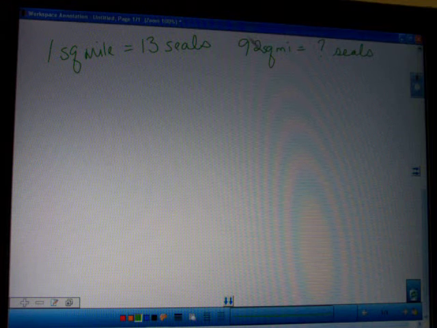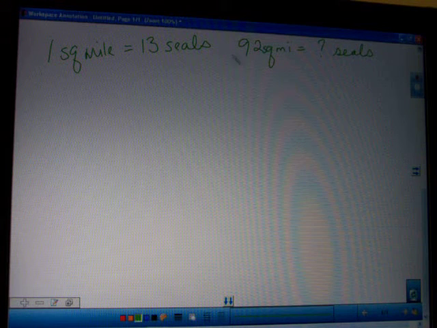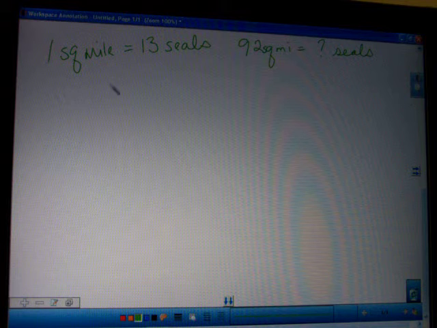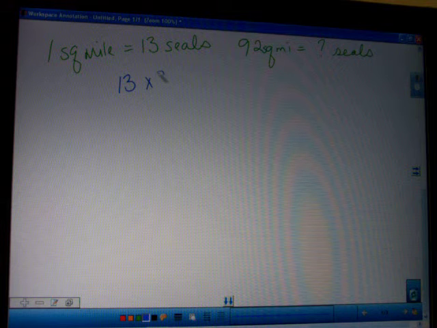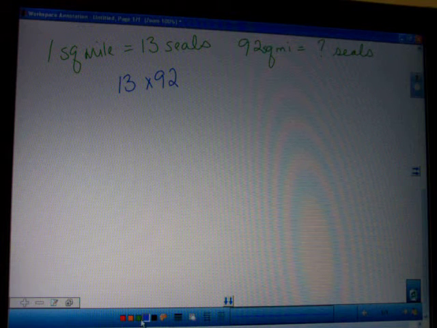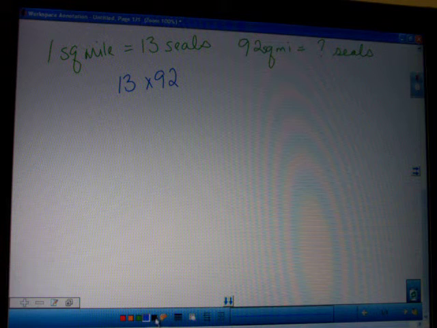What we're going to have to do is multiply 13 times 92 to find out the number of seals. But we don't need to know the exact number, we just need an estimate.